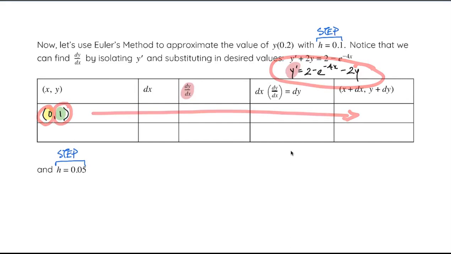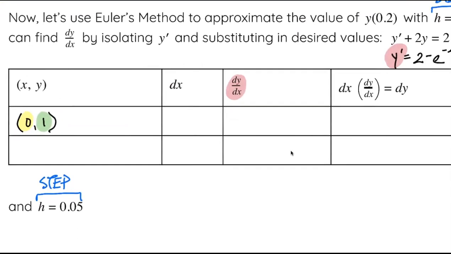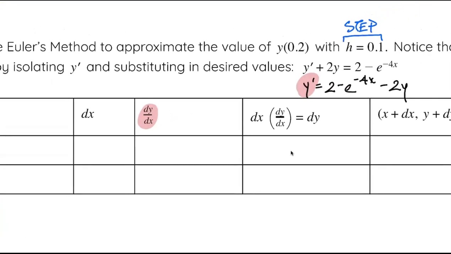Let's practice this process, and then I'll tell you what we're going to do with the second line. dx means how much are you changing your x by? That happens to be the same as your step. So for dx, I'm going up by 0.1.